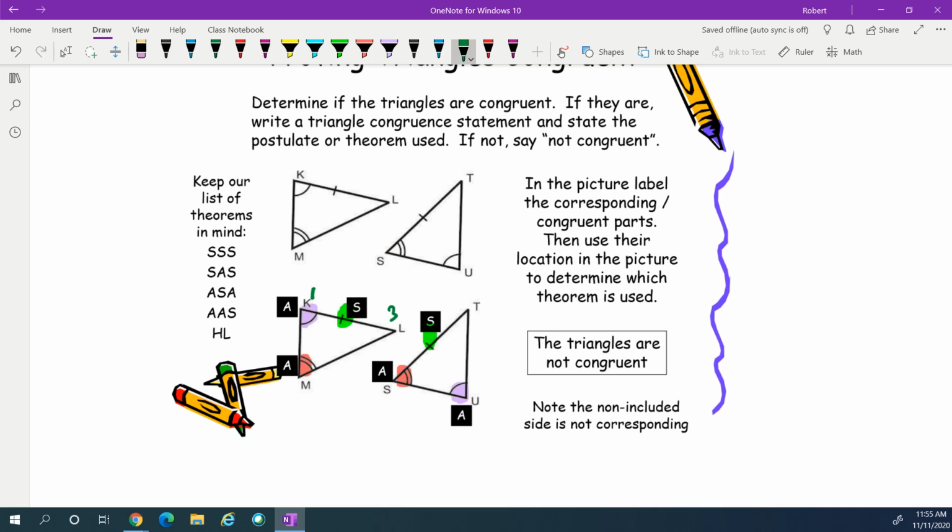In the second triangle, my side goes from angle 2 to the third angle. Those are not the same. It's not the corresponding side. So these triangles are not congruent. It just doesn't fit any of our rules because it's not the correct parts.